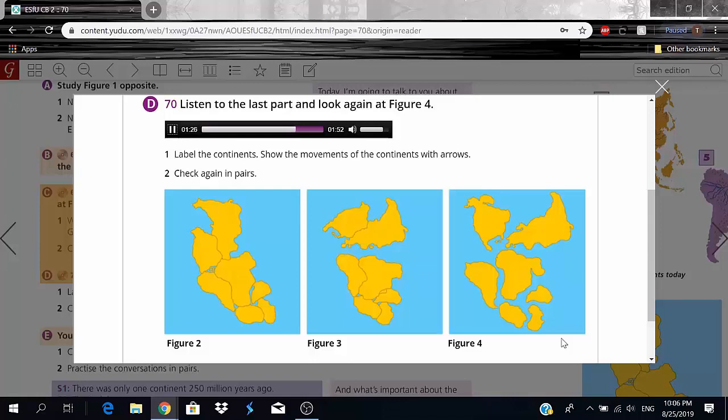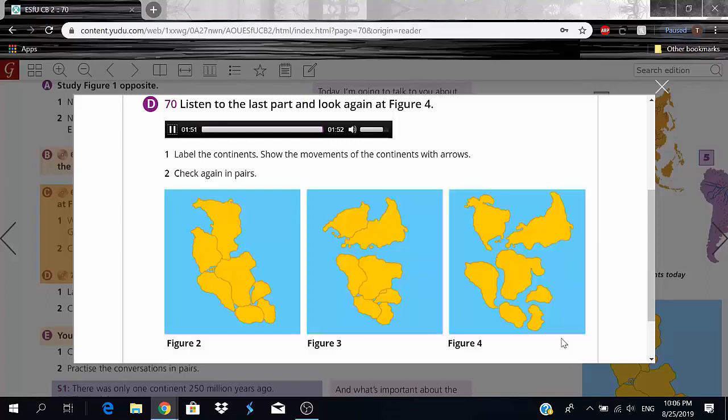Well, the continents are on the crust of the Earth. The crust is solid rock. But, as you know, the crust is on the mantle, and the mantle is liquid rock. The crust moves very, very slowly on top of the mantle, like a stick or piece of wood on water.